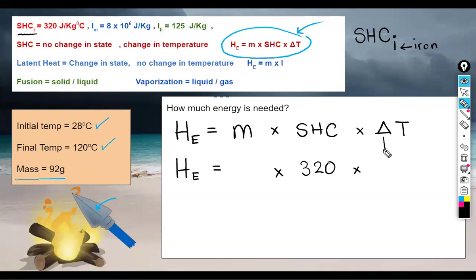Anybody want to tell me what's the change in temperature? It started off at 28 and then it went to 120. What would be the change in temperature? It's a simple subtraction question. You're taking 120 and you minus the 28. That gives you the change. So 120 minus 28 is 92 degrees. What do I put for the mass? I'm trying to trick you here, so see if you can figure out the trick.